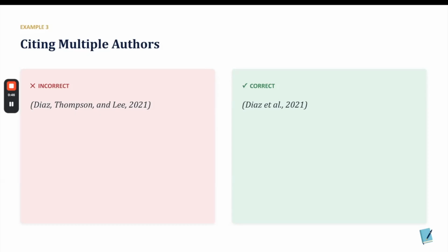And so Diaz et al., with a period instead of another L for all, is what we would use to represent the fact that it's Diaz and several other authors, 2021. Now, don't worry about those other authors, Thompson and Lee, who are not being represented in this citation. They definitely get referenced in the references section of a paper, so they'll get their credit, don't worry. And there we have it.